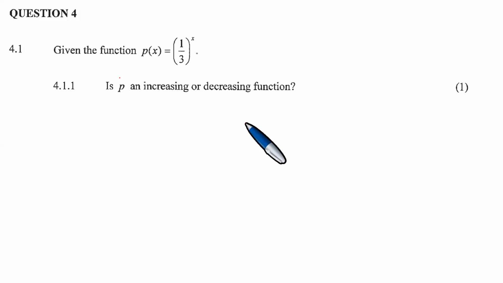So we learned some basics here on graphs and functions. They can be written in the form a to the power x. There are two cases. When a is bigger than 1, we have an increasing function.